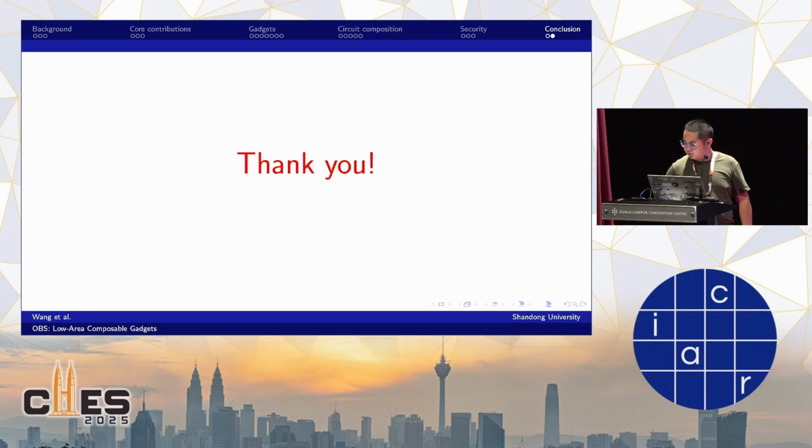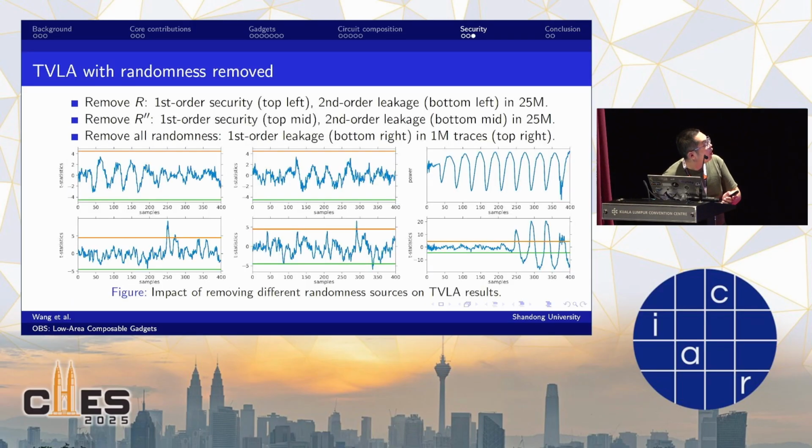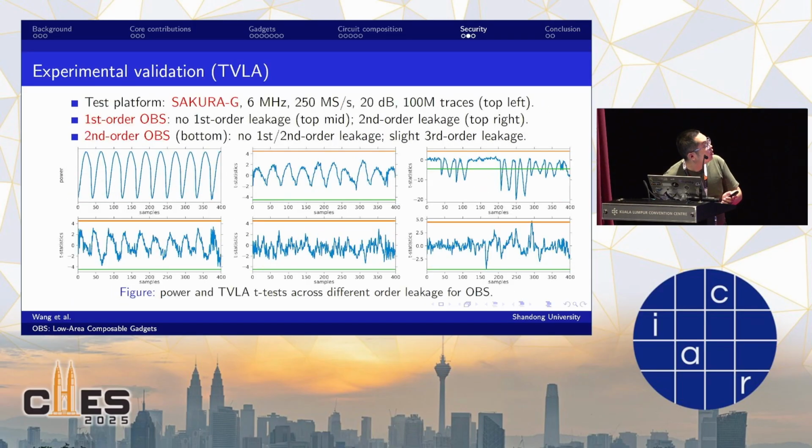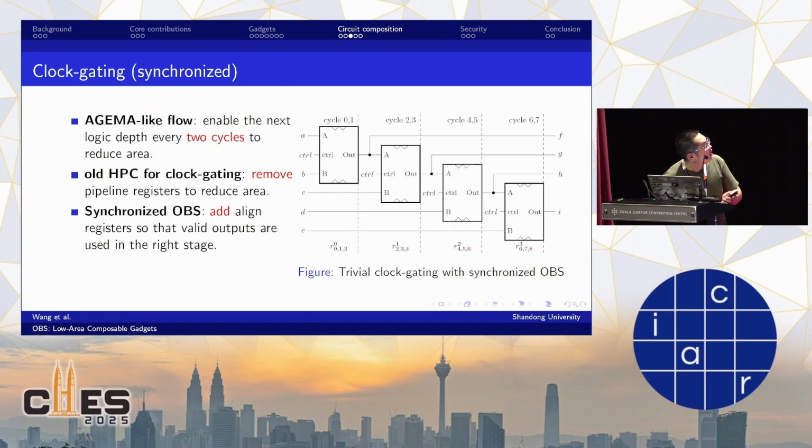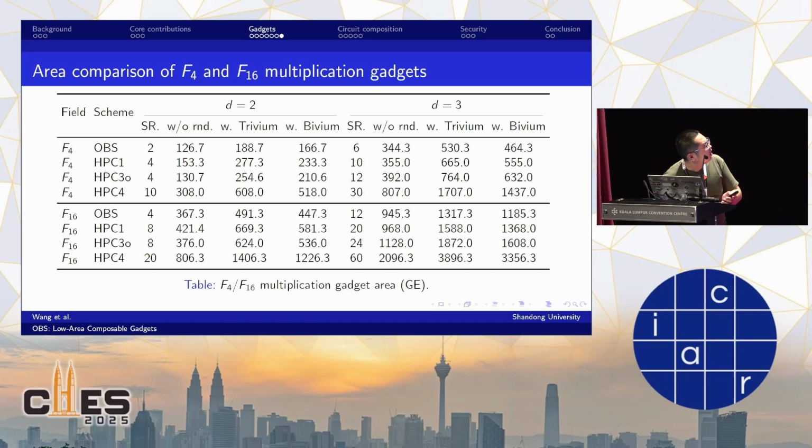All right, thank you. Probably we have time for one question. Maybe I'll ask a question. If you go back to the last slide in the gadgets part. Back. Okay. So for an AND gadget, for first order AND gadget, how many fresh random bits do you use? Is it 2 or is it 1?